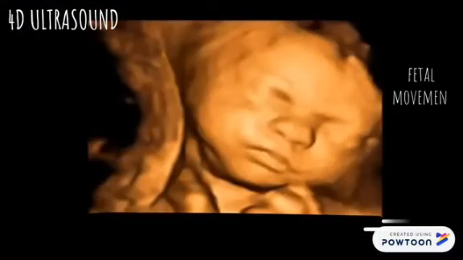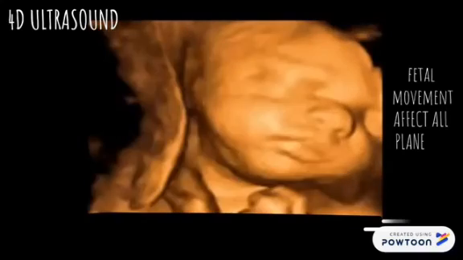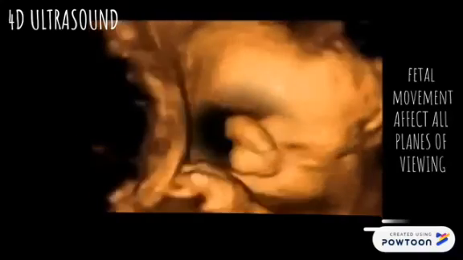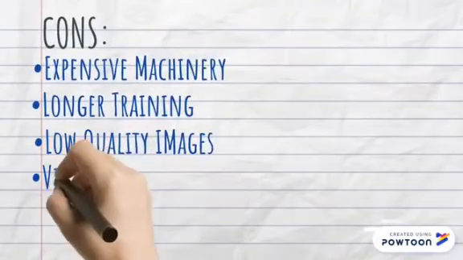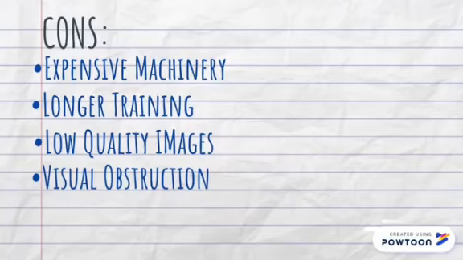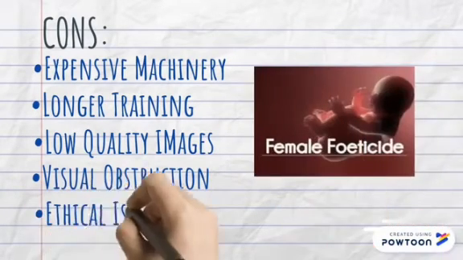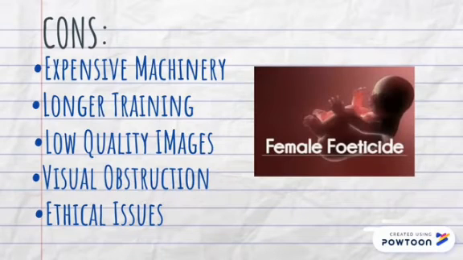Fetal movements will affect all planes of viewing. Visual obstruction. The shadows may hinder the view if the fetal spine isn't at the bottom of the scanned field. Ethical issues such as sex-specific abortion in developing countries such as India and China.